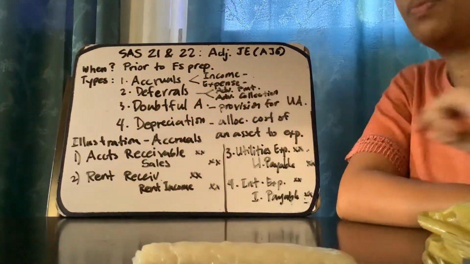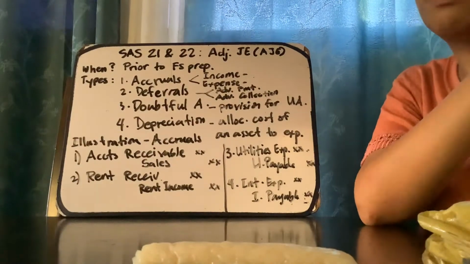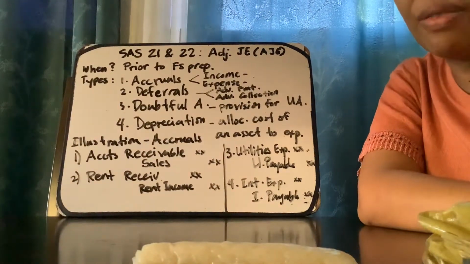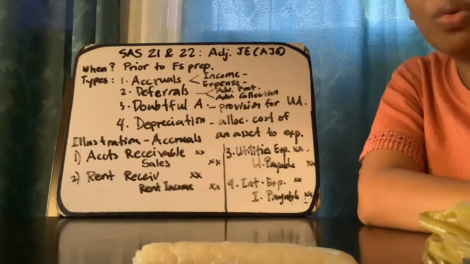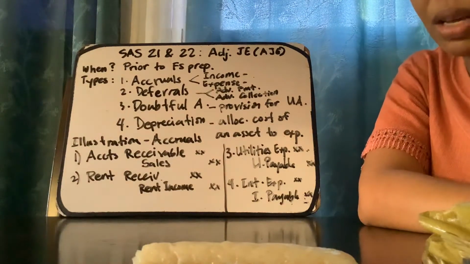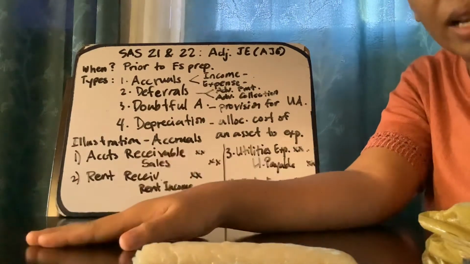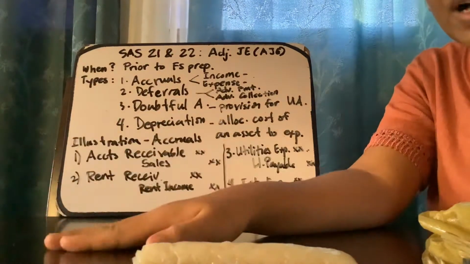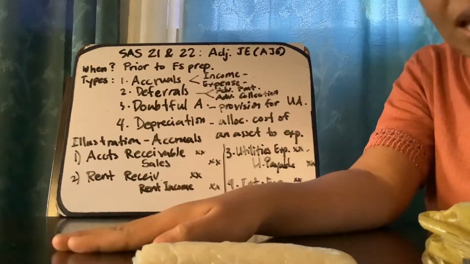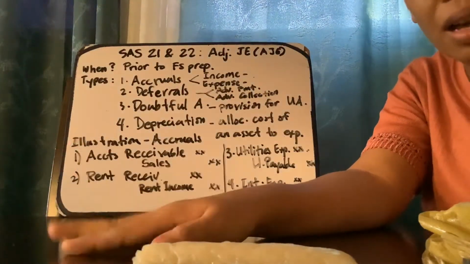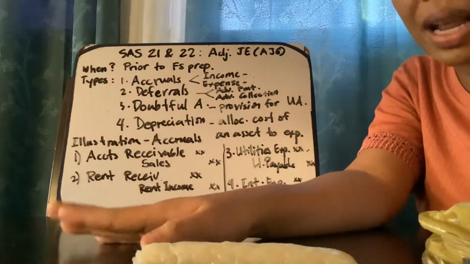So when do we record this? Prior to preparation of FS. The reason why there's a need to learn AJE is because our adjusting journal entries will help us prepare the FS and reflect the accurate account balances.